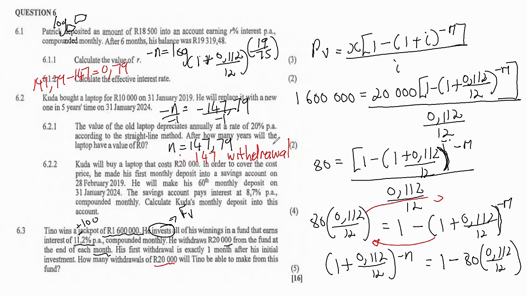Yes, he will be making 148 payments, but then 147 of them will be the full 20,000. And then the last payment will be an amount that is less than the 20,000. Here we are interested in how many withdrawals of the 20,000, not how many withdrawals he will be able to make all in all. So it's only 147 that are the full 20,000 withdrawals. And the last withdrawal will be an amount that is less than 20,000.